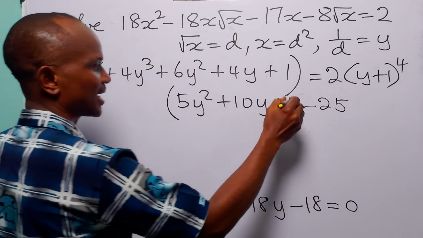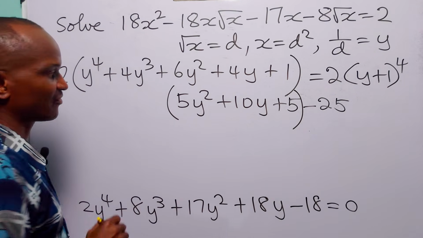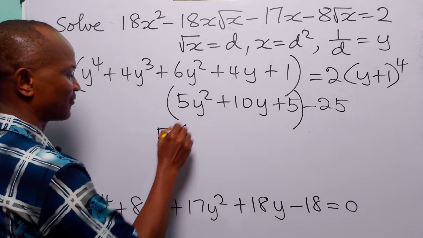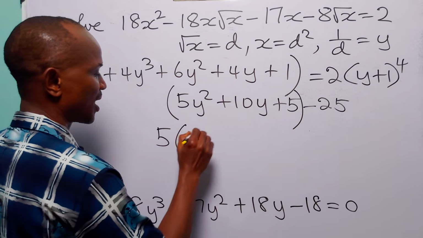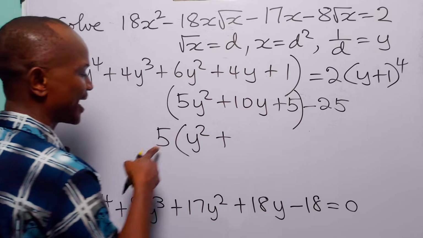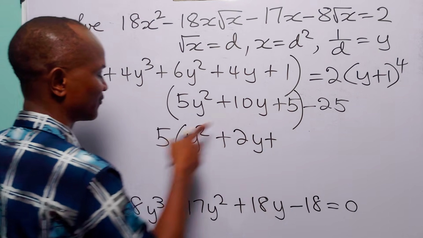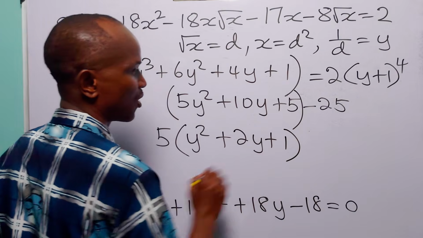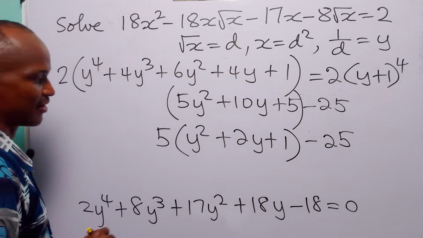Now look at this. These three terms have a common factor, which is 5. So we have 5 into 5y squared divided by 5 is y squared. 10y divided by 5 is 2y. And 5 divided by 5 is 1. Then we still have minus 25.